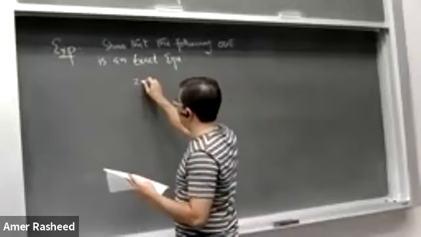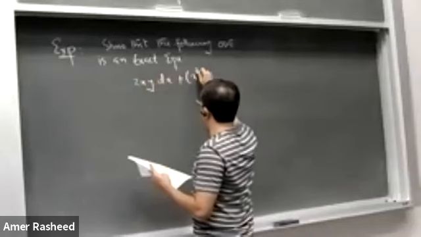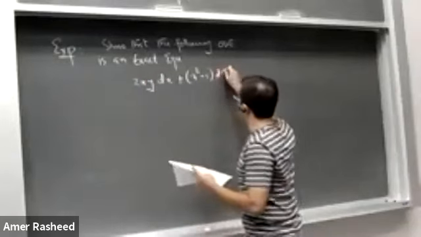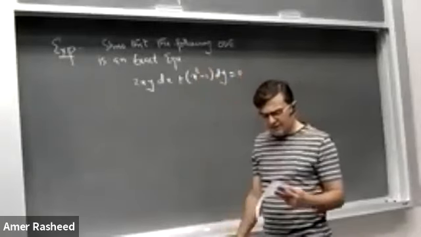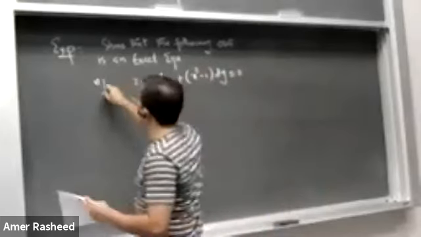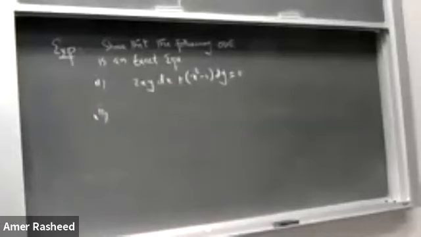What is the equation? 2xy dx plus x square minus 1 dy. We had defined this thing previously, I think. You can prove this one. Second example, maybe you can take some other thing.